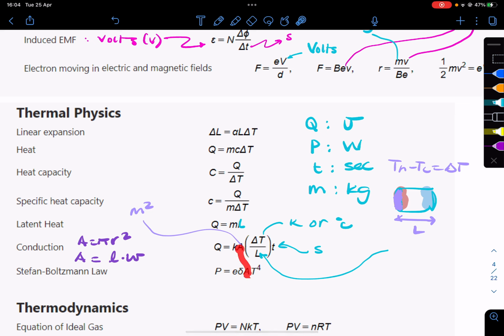This A will have the same unit as this A. This T, this time has to be in Kelvin. It can't be in Celsius. So delta T we can have in Kelvin or Celsius, but T has to be in Kelvin. Okay, E is emissivity. I think that's unitless, and that is a constant that's given to you. All right, and P is the power, and that's in watts.